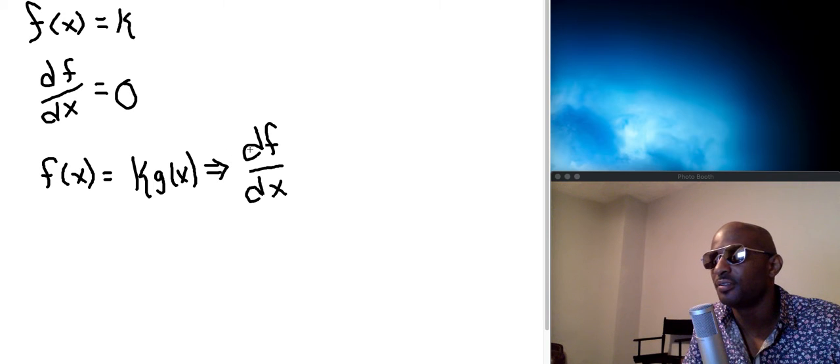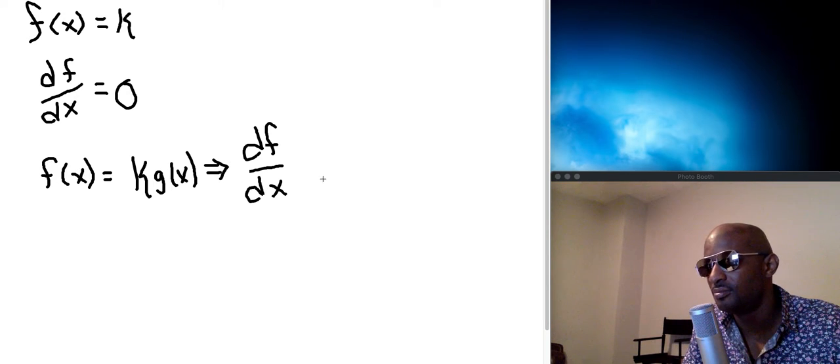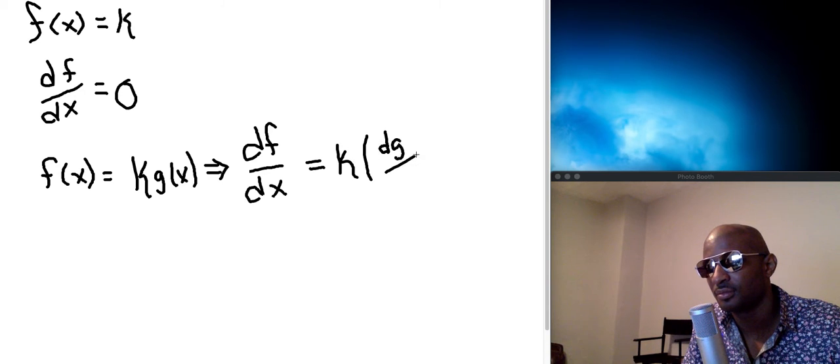So the derivative of this function with respect to x is equal to k times the derivative of g of x, so the derivative of g with respect to x.